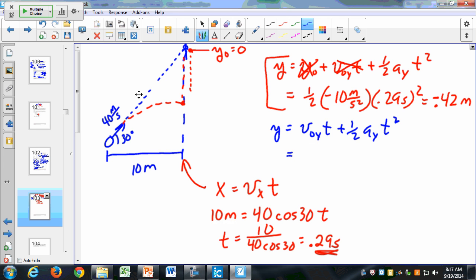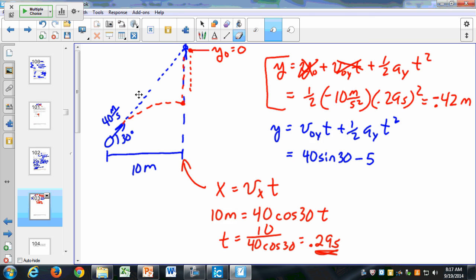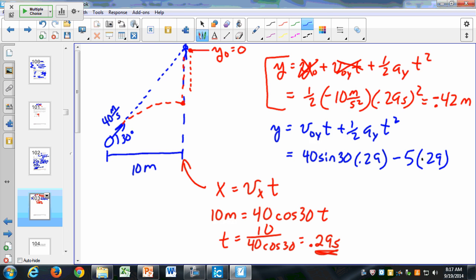That's going to be 40 sine 30 times 0.29, minus 5 times 0.29 squared. It's 5.8 minus... I get 5.4.